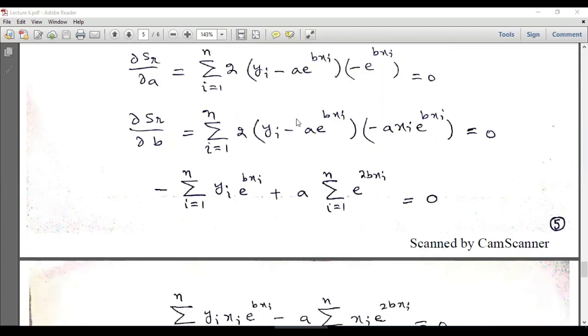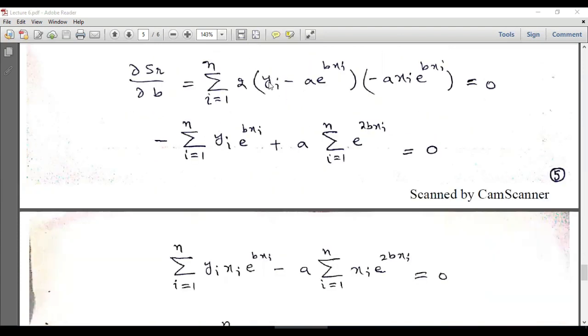So this second equation will become yi into xi e to power bxi minus, plus a summation xi e to power 2bxi. So these two exponential terms will be multiplied together, and in this case this 2 and this a will be taken to the right hand side to equate them to 0.